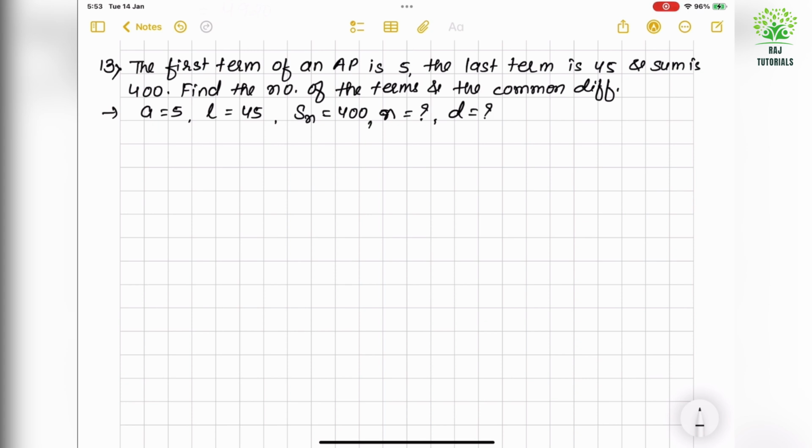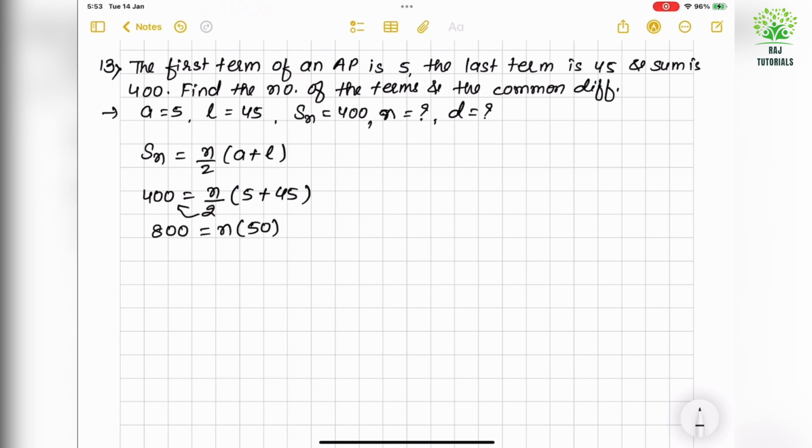So if I use the Sn formula, n by 2 into (a plus l), so Sn is 400 equal to n, I don't know, upon 2 into (5 plus 45). So if I take 2 on that side, it will be 800 equal to n into 50. Now 50 I am bringing on the left side, so n equal to 800 upon 50. So 16. So n equal to 16. Therefore, there are 16 terms.